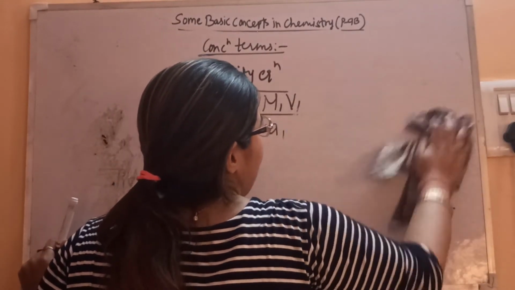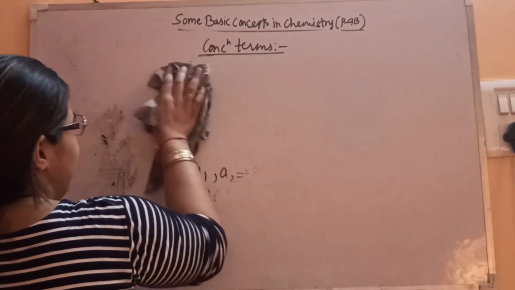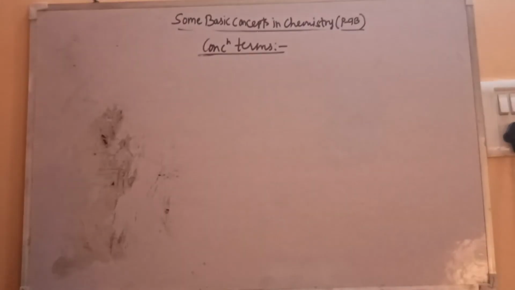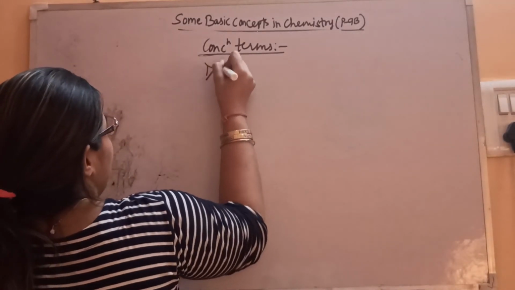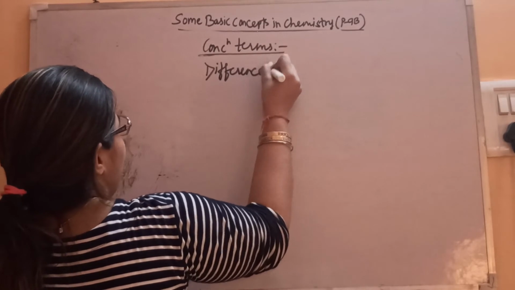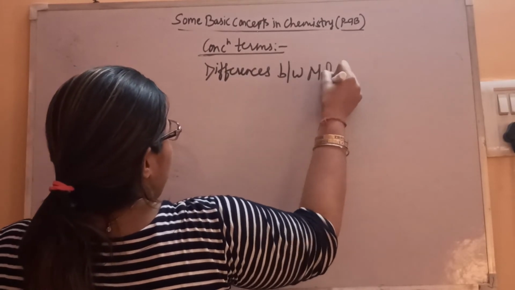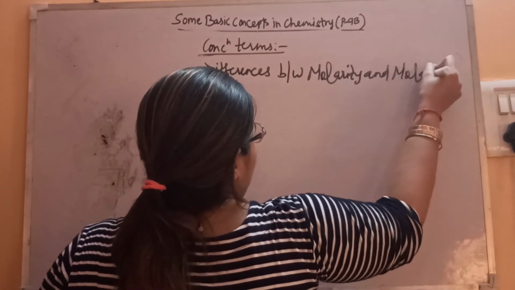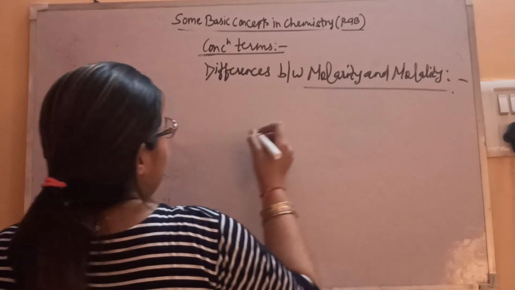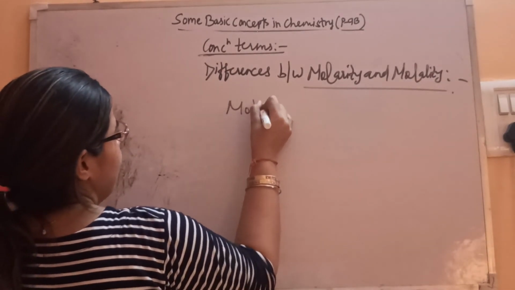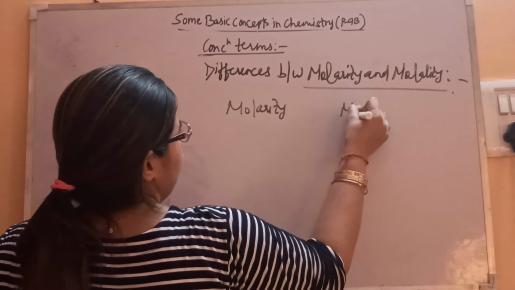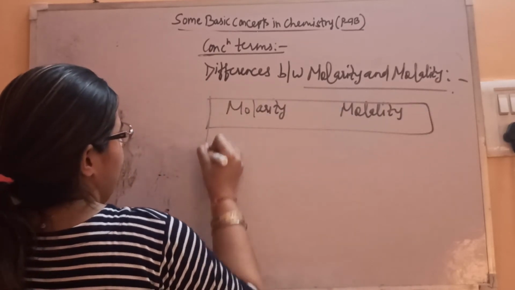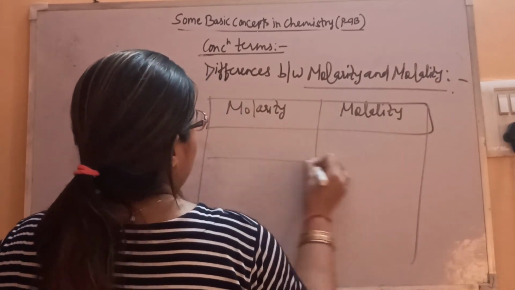So now let's see the last thing related to this. The last term we're not going to discuss because it is not given in your syllabus. So the last thing we'll discuss here is the differences between, very important, molarity and molality.